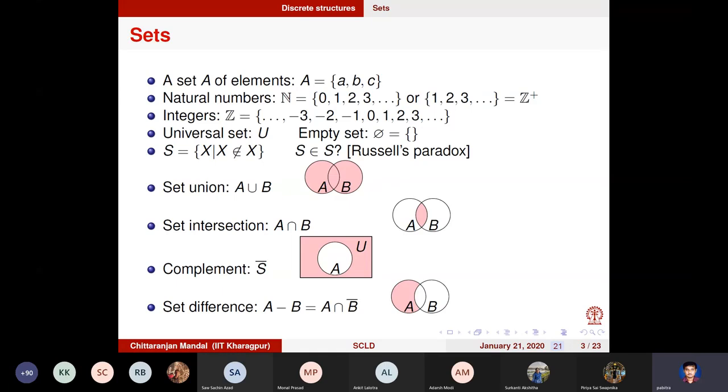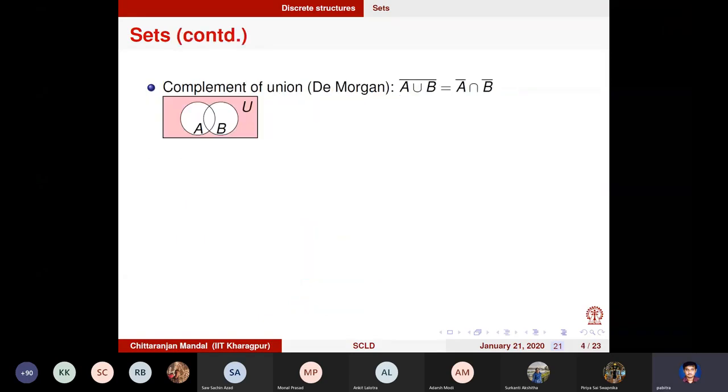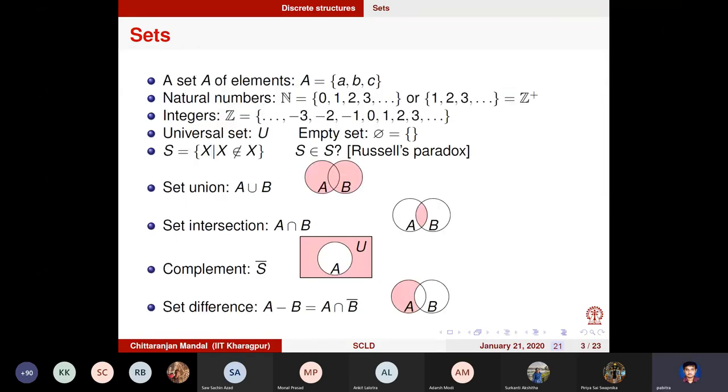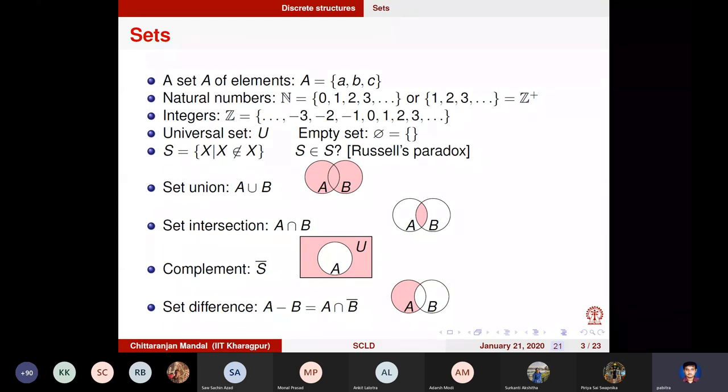Okay, so now there are some laws or axioms. What axioms mean is that you can write down two expressions in terms of sets and their operators and say that these two expressions are the same.